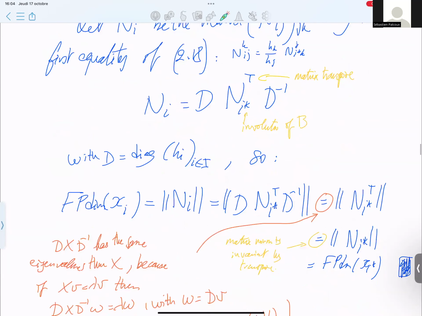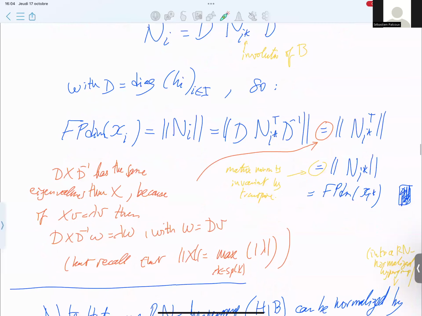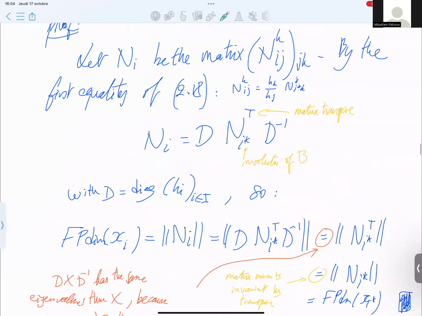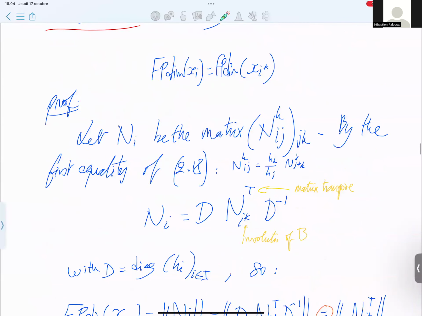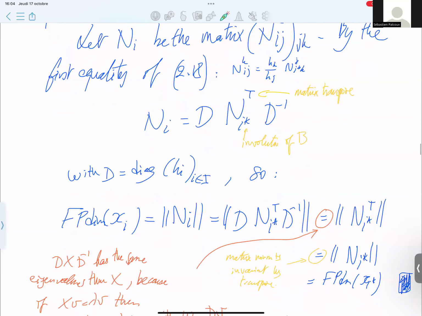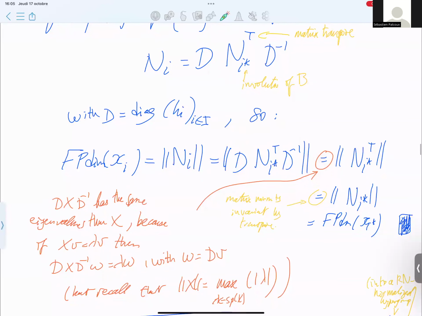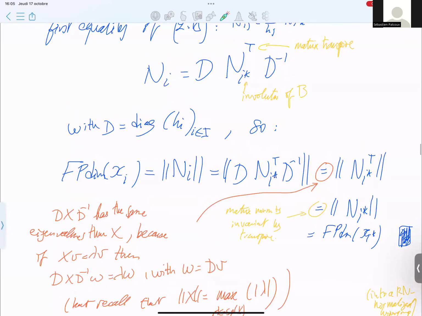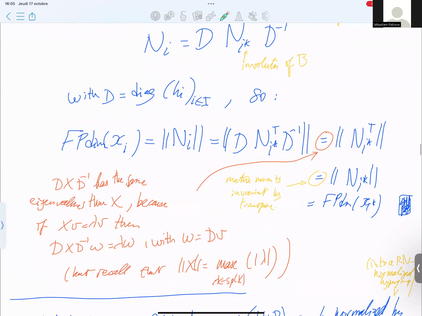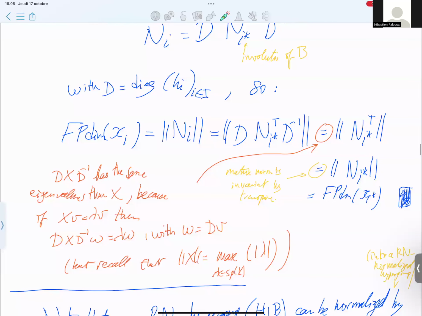Okay. And then you know that the Frobenius-Perron dimension is the L2 norm of the matrix. And so it is equal to that. And D, so yeah, we will make the pause.